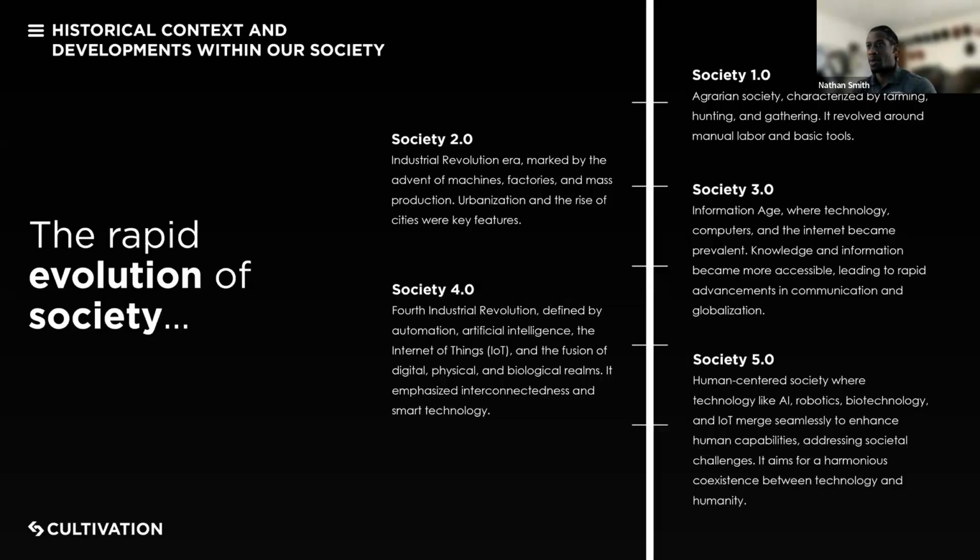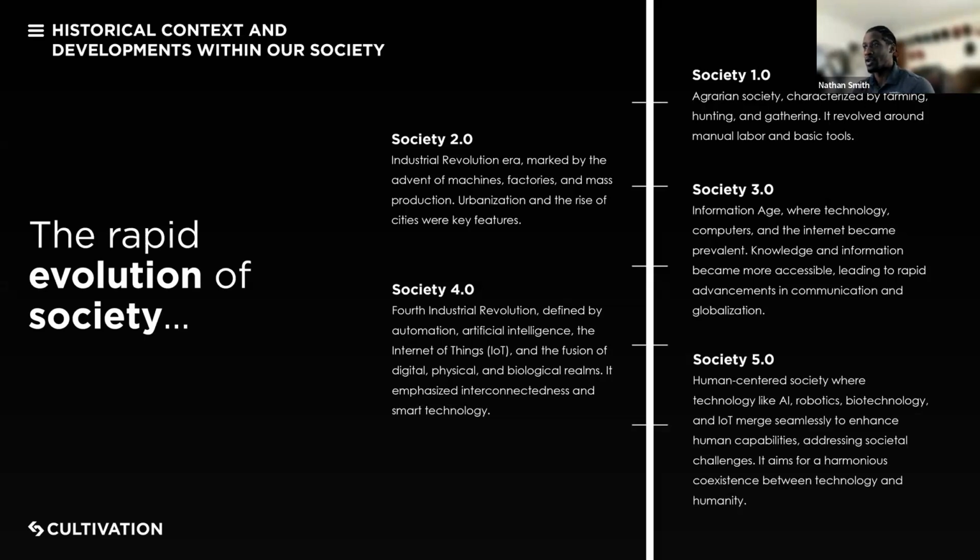I figured it would help if I went over the historical context and developments within our society from a technological standpoint. As you can see, we've been through essentially four different societies, and we're merging into the fifth one. The first one is the agrarian society. We had hunters and gatherers, basically manual labor and very basic tools.